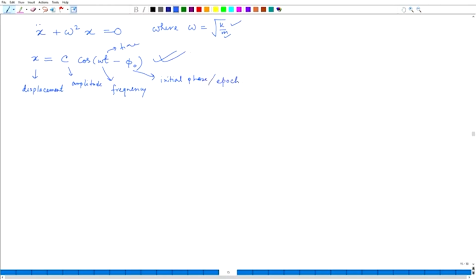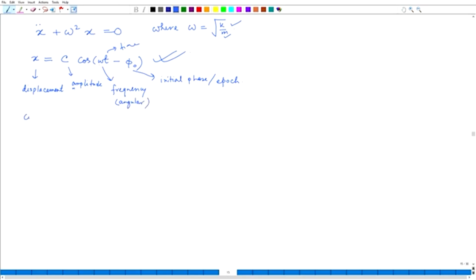The amplitude gives me the measure of the maximum possible displacement. Omega we say is the frequency, but it is actually the angular frequency.